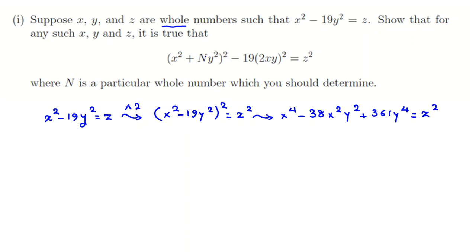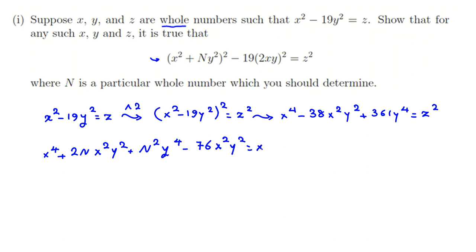Now we know z squared also equals this. If we expand this, it is x to the 4 plus 2n x squared y squared plus n squared y to the 4th minus 19 times 4, which is 76, x squared y squared equals z squared.